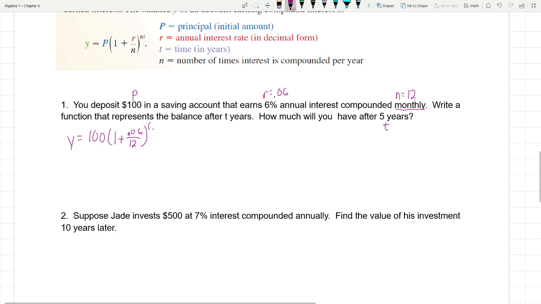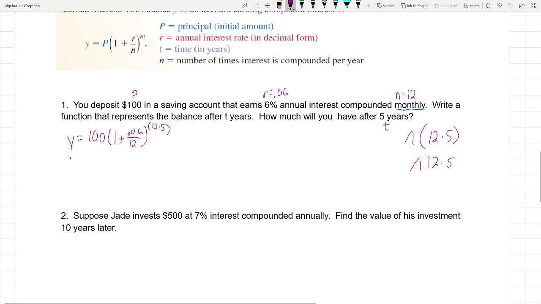Whenever you punch this into your calculator, it is very important that when you do your caret button, you put a parenthesis and do the 12 times 5 in there. Otherwise, it's going to raise whatever you have to the 12th power, and then multiply that by 5, and you're going to have a wrong answer.